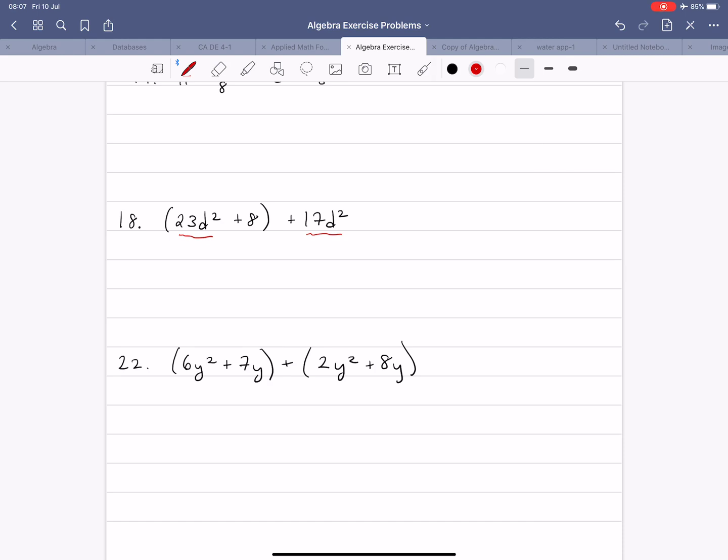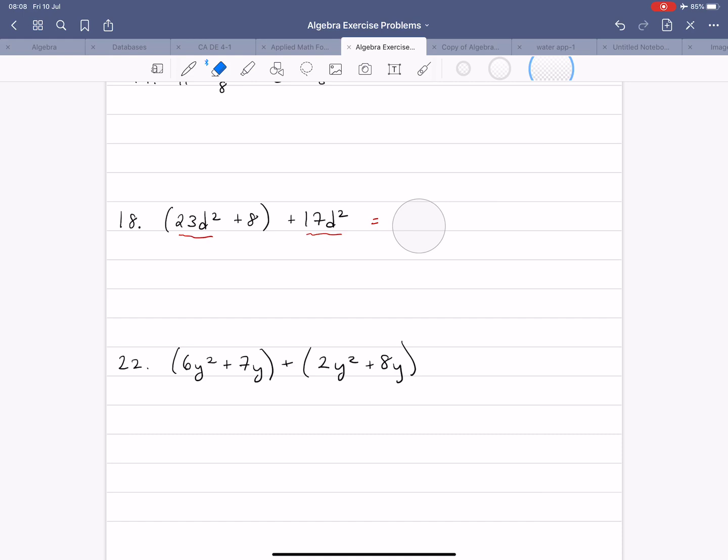So that means that I can simplify that so that I end up with just one term where I have some number times d squared.